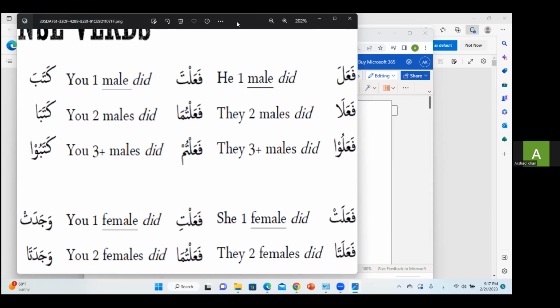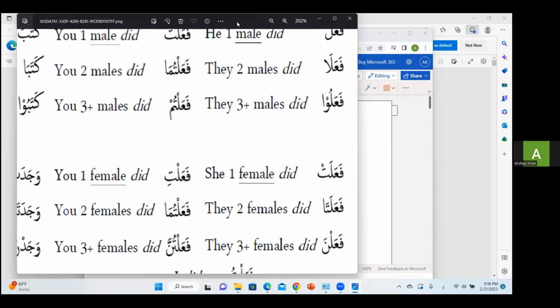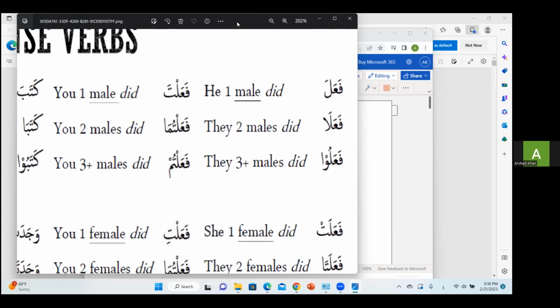For two people, you will say dhahabtuma, and for more than two, you'll say dhahabtum. For female, you will say dhahabti. The last letter that gets added is ti. For anything two, you'll typically say tuma. Dhahabtunna.